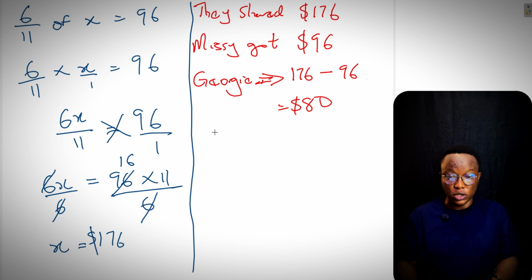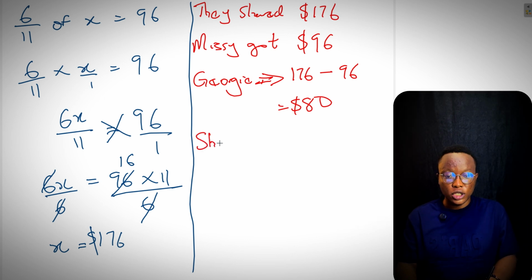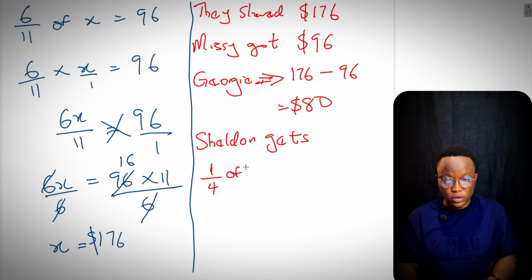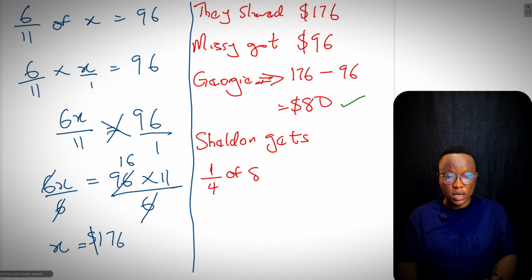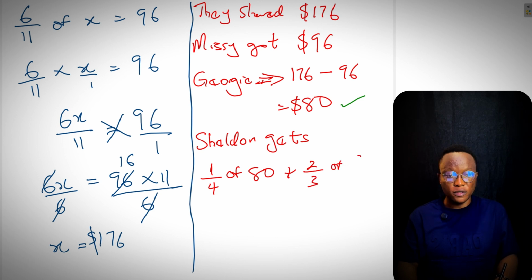Now that we know how much Georgie got and how much Missy got, we want to know how much Sheldon is going to get. Sheldon gets 1/4 of Georgie's money. Georgie's money is $80. So 1/4 of Georgie's money, that's 80, plus 2/3 of Missy's share, 2/3 of 96, right?